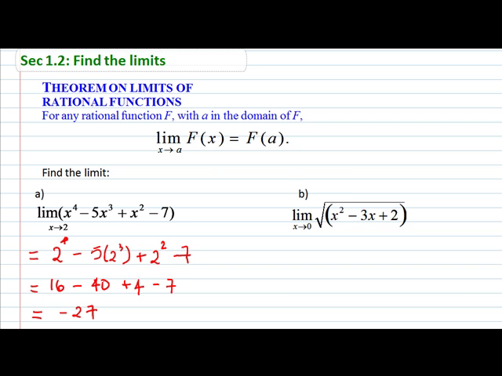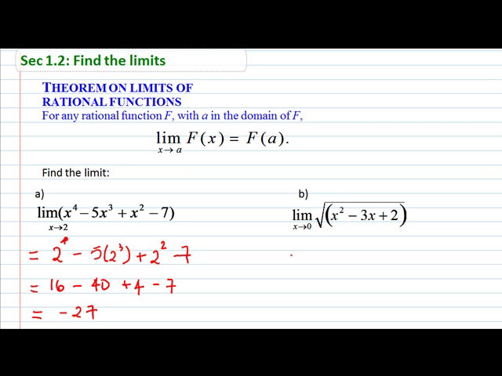Part B, we want to find the limit of this function when x goes to 0. First, we will see if this value 0 is inside our domain or not. Now this is a radical function. We're allowed to have 0 and positive numbers only inside the radical.